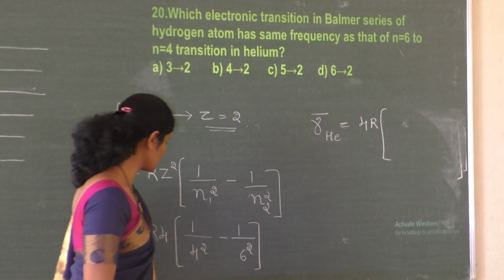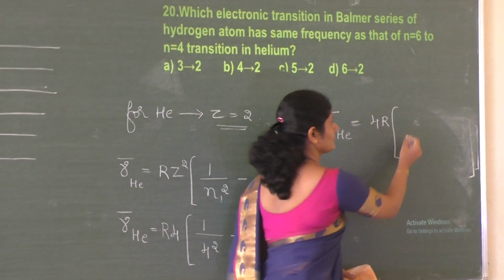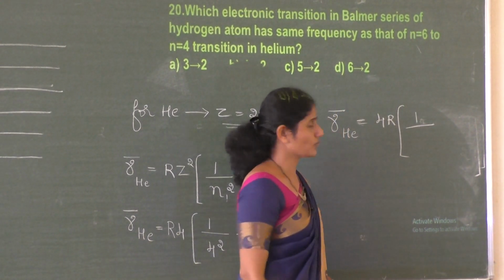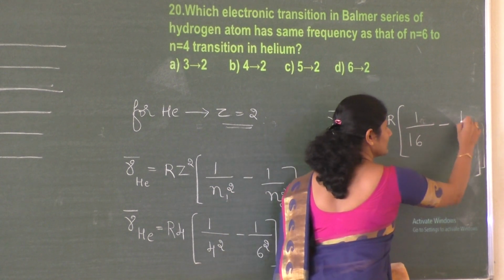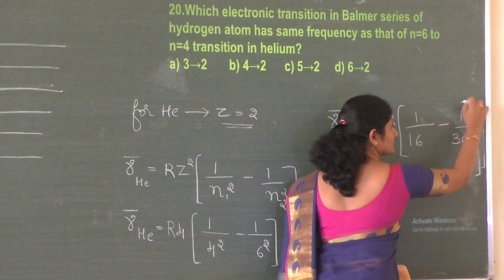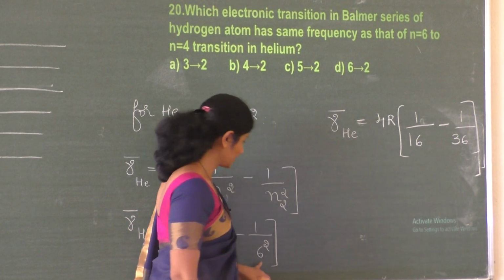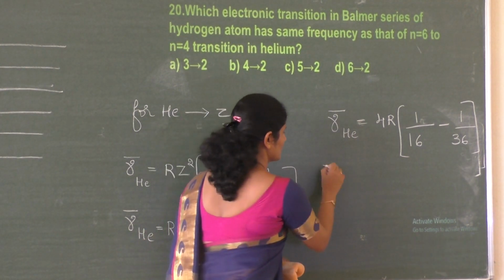Four R into 1 by 4 square is 16 minus 1 by 36. 6 square is 36.